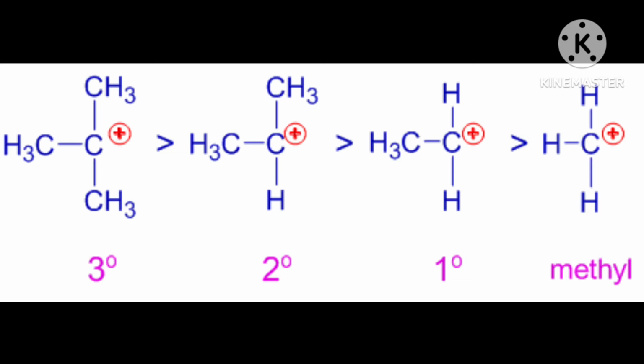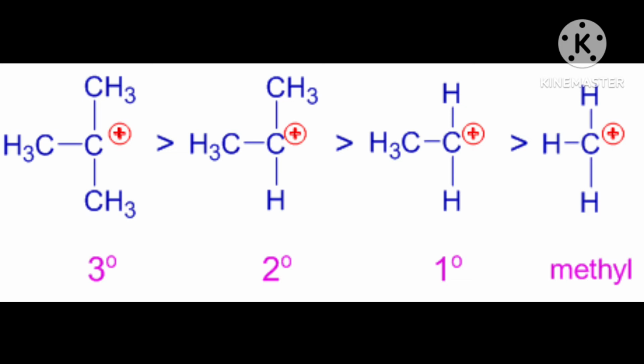Here you should know that the most electronegative element in the whole periodic table is fluorine. After that, oxygen. Third is nitrogen. And fourth is chlorine. After that, bromine, then iodine.